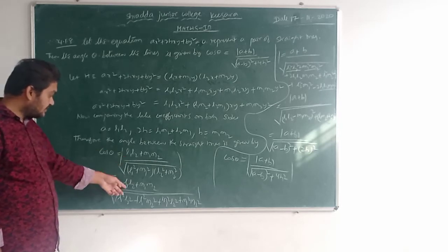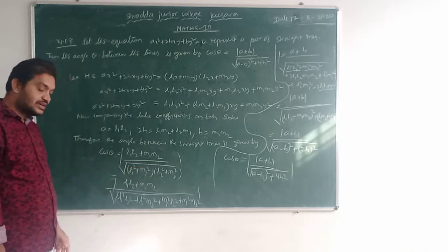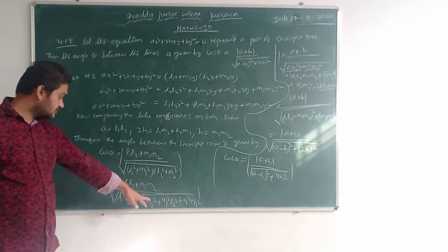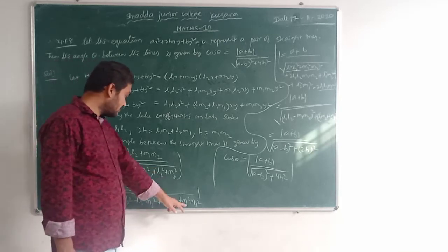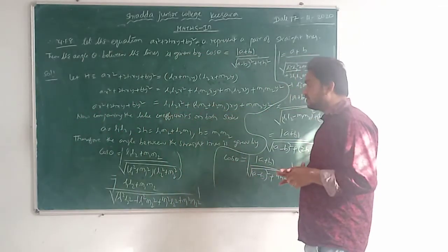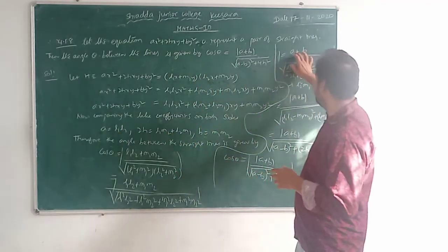Now here, L1 L2 plus M1 M2 by multiplying these two, what are we getting? L1 square L2 square plus L1 square M2 square plus M1 square L2 square plus M1 square M2 square. This is equal to, already we know L1 L2 is A, M1 M2 is B. It's A plus B by root.